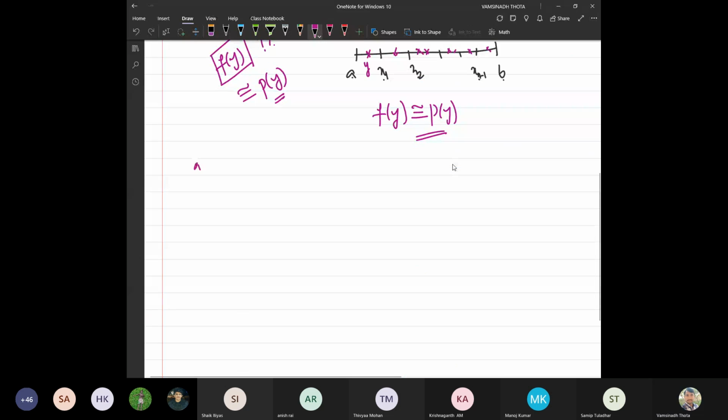And the second one: suppose f of x is not known explicitly, and we want to find roots, or derivatives, or the integral values for the function f.